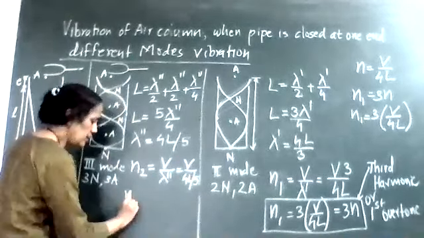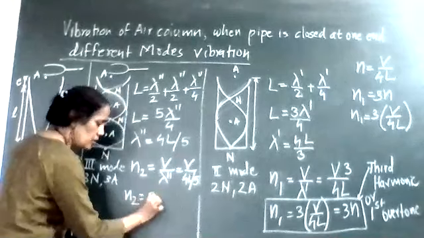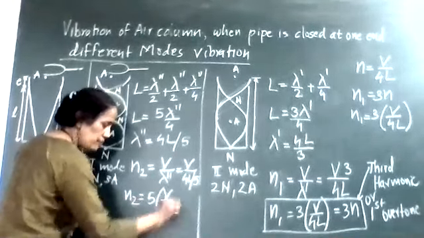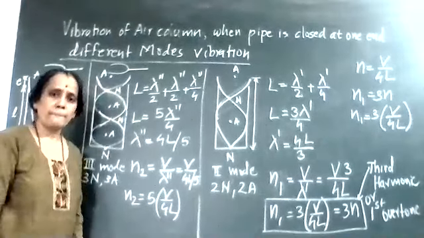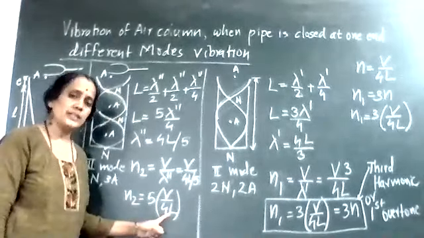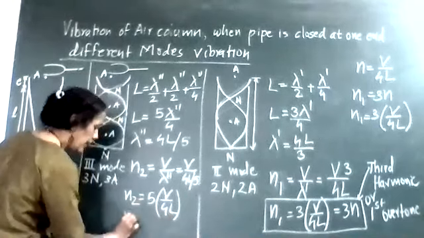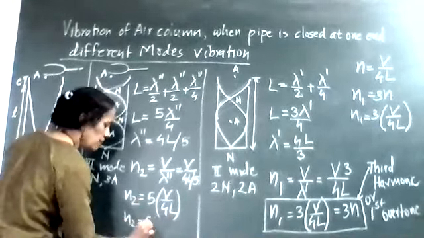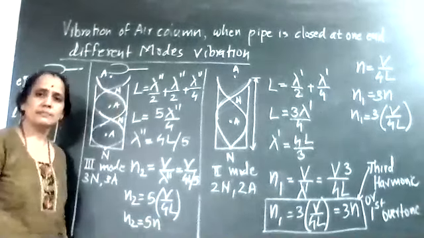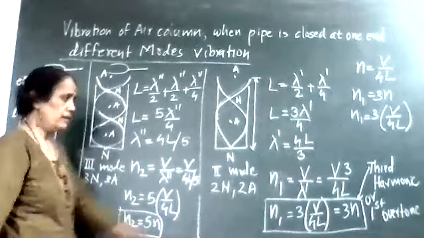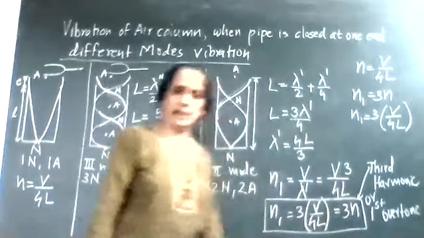So what do I write down here? N2 is equal to 5 into V by 4L, and V by 4L is nothing but your fundamental frequency. So N2 is nothing but 5N. N2 I am getting 5N, N1 I am getting 3N.